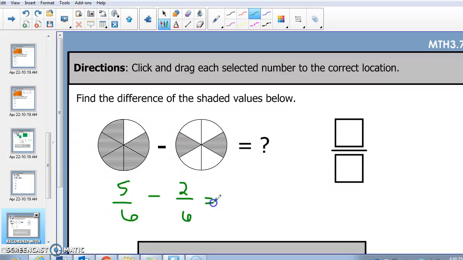All right, let's leave our denominator the same. 5 minus 2 is, good, 3. So we have 3/6. Can anybody think of an equivalent fraction? That's right, 1/2.